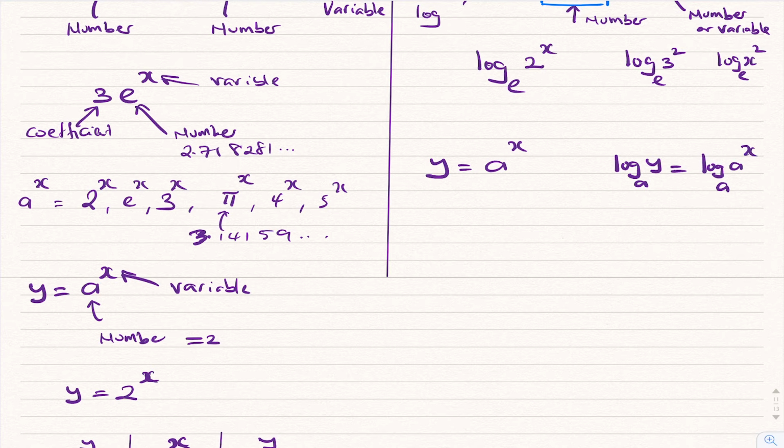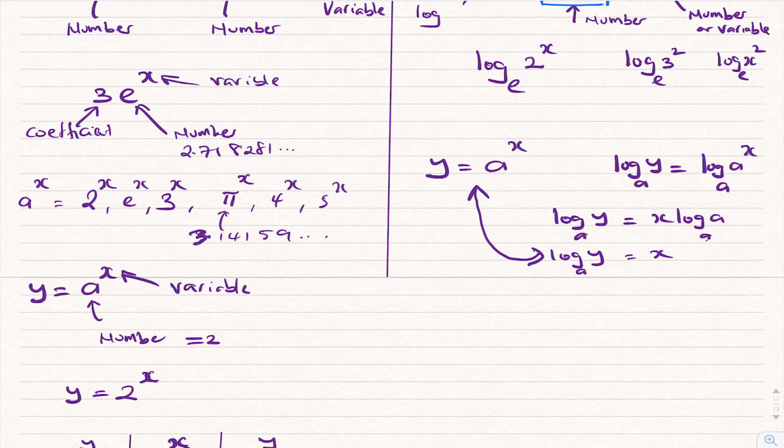Using the power law, that becomes x log base a of a, and log base a of a is 1, so that becomes x, and that's what log base a y is. So that's the relationship between exponential function and logarithm.